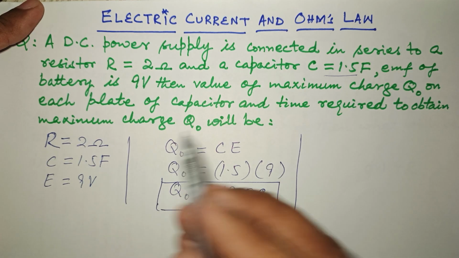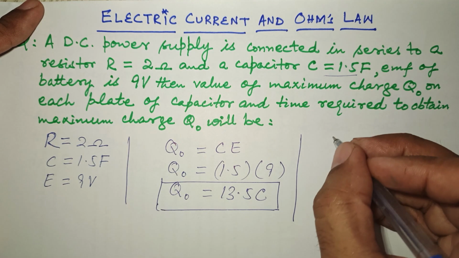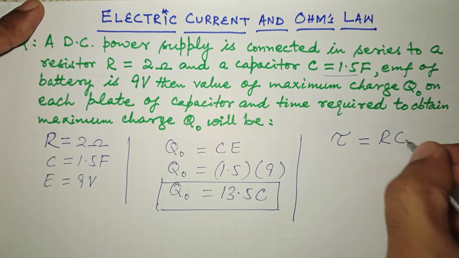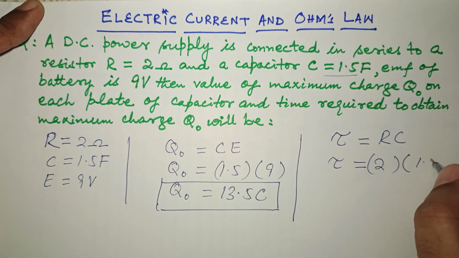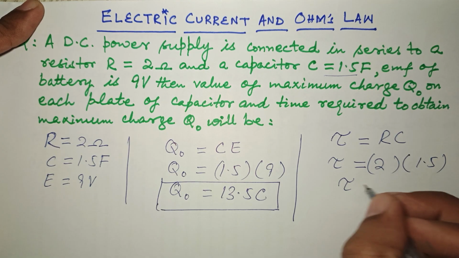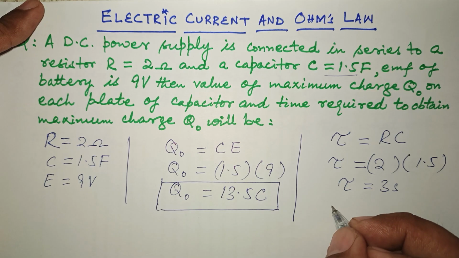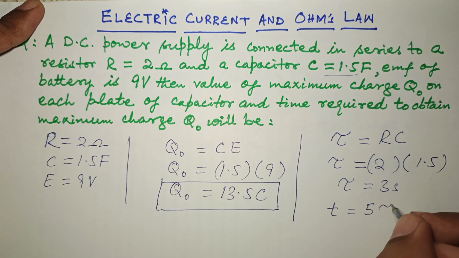Now the next one. How much time is required to obtain the maximum charge? We know that we have a time constant tau equals RC. R is 2 ohm and C is 1.5 farad, so tau is equal to 3 second. The time required for maximum charge is given as T equals 5 tau.